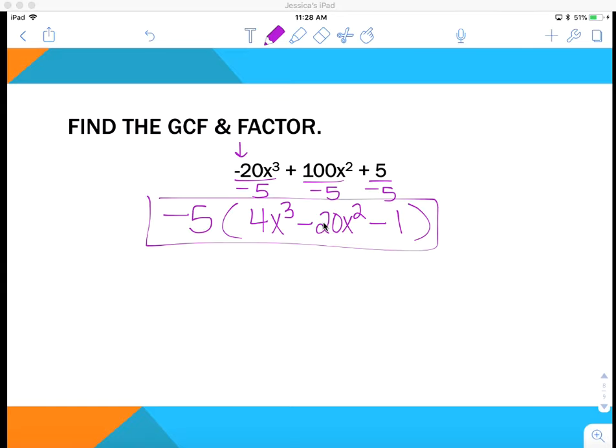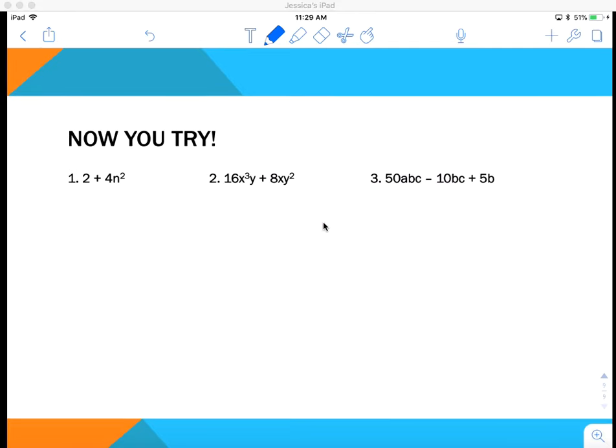Now, if I want to check this by distributing, negative 5 times 4x cubed is negative 20x cubed. Negative 5 times negative 20x squared is 100x squared. And negative 5 times negative 1 is positive 5, so it works. Take a second, pause the video, and try these three on your own, and then restart it and we will check.